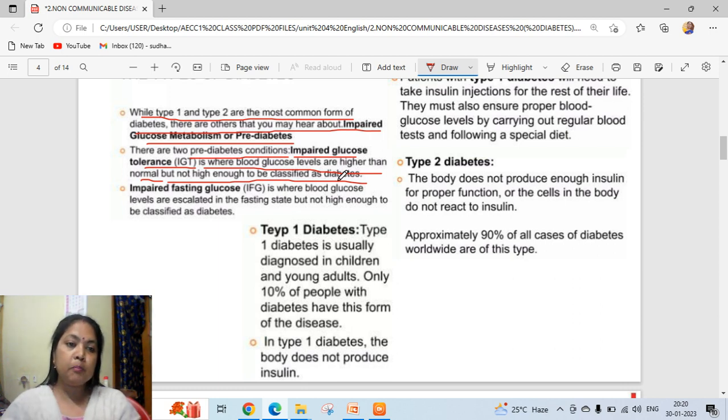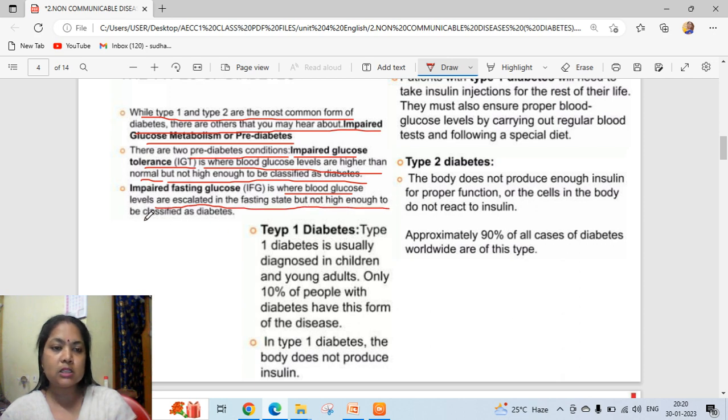Another is impaired fasting glucose, where blood glucose levels are elevated in the fasting state but not high enough to be classified as diabetes. These are all pre-diabetic conditions.